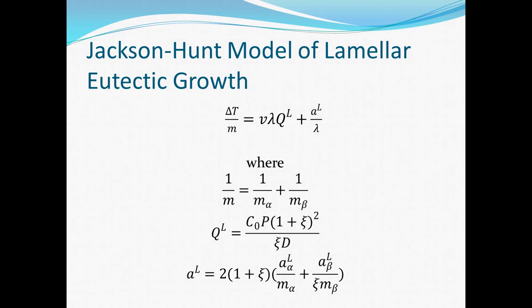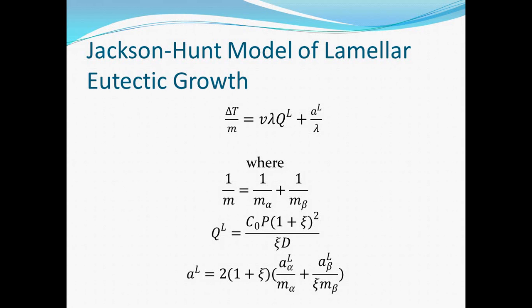This equation describes the relationship between the undercooling and the lamellar spacing. So delta T in this equation is the undercooling, which means the difference between the eutectic temperature and the temperature at the interface of the solid and the liquid.